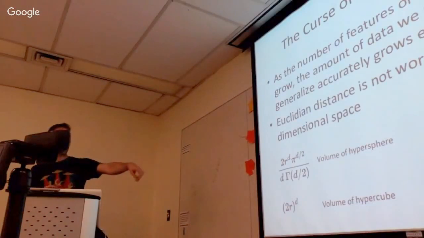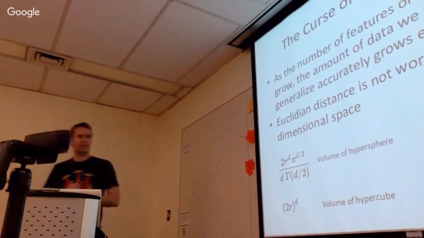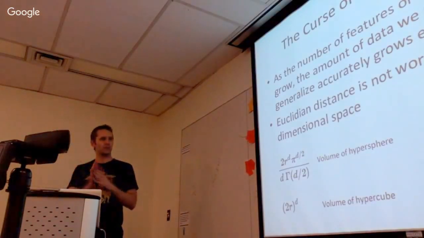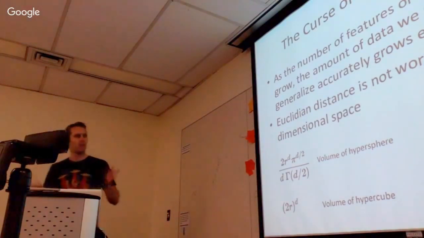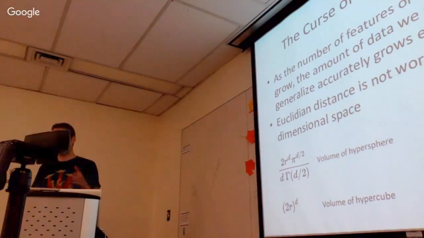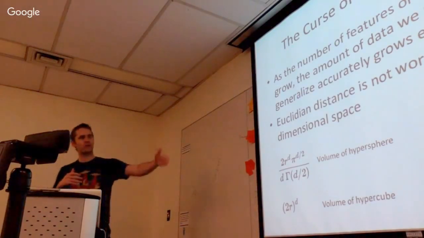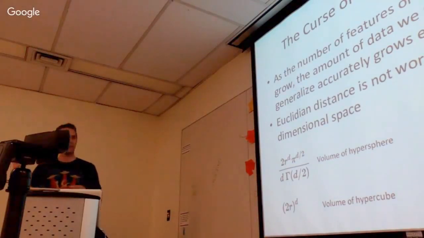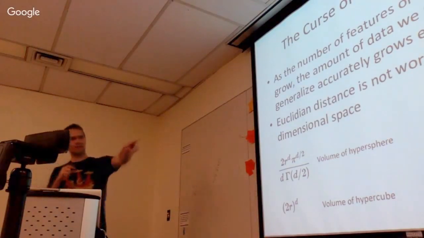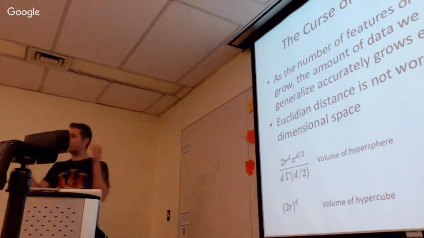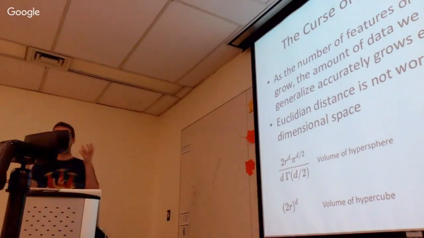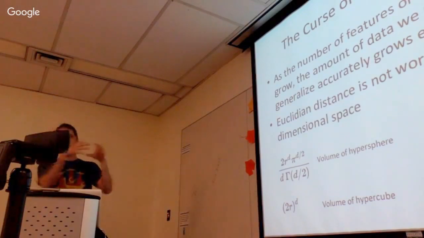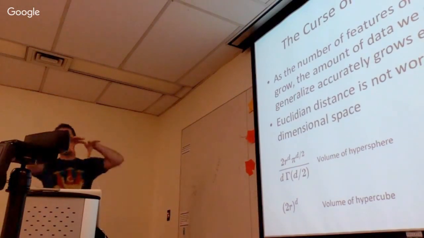and then you have the volume of a hypercube. And actually, if you look at the ratios and you let d go towards infinity, the volume of the hypersphere gets very small, right? So basically, the ratio between the two, depending on the number of dimensions. And what that kind of means, if you look at that plot, is that all your data points will lie in the edges, will not be in the center, but will be outside.